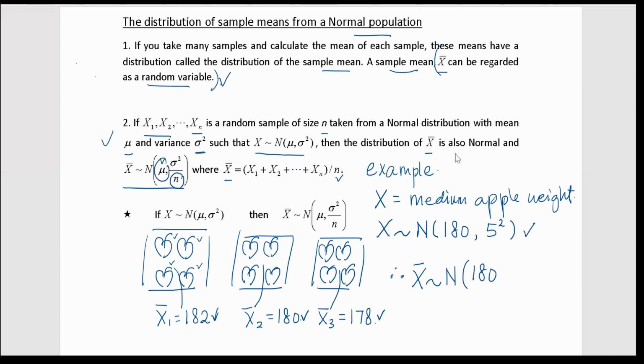This one, the mu, these are the same, but the variance has to be divided by the sample size. As I'm taking a sample of 4 apples, the sample size is 4. Okay, so that will be the sample mean distribution.